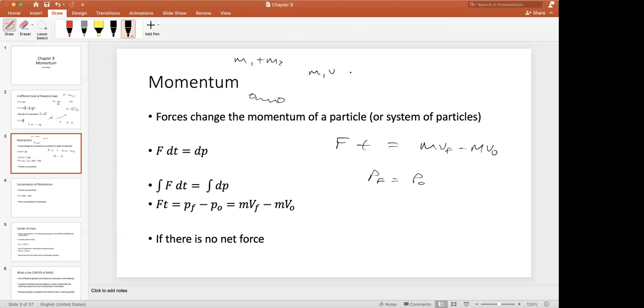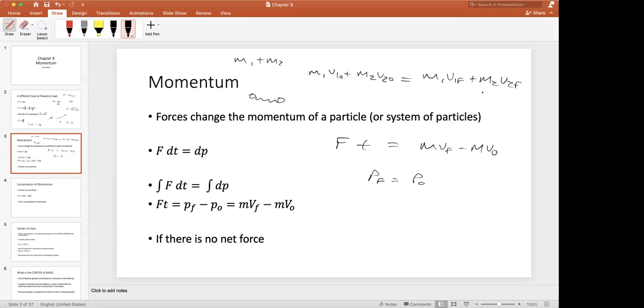If the initial momentum was m1 v1 initial plus m2 v2 initial, it has to equal m1 v1 final plus m2 v2 final. And that means that even though there's no net force on a system, they could exchange their velocities and it wouldn't violate the conservation of momentum.